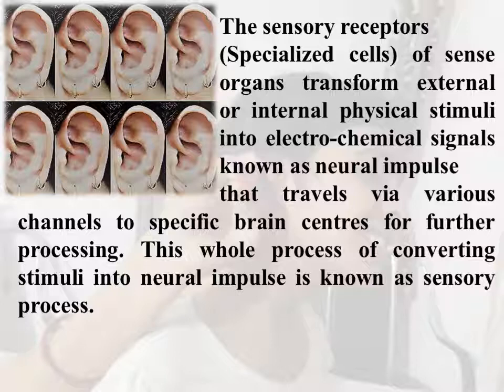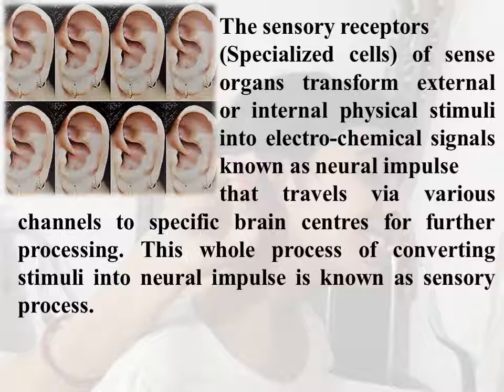The function of these receptors is very important. What is that? Whatever internal or external stimuli we receive from our environment is in the form of a physical stimulus. When that physical stimulus travels to these receptors, or when these receptors receive it, they convert the physical stimulus into a language that is understood by the brain.